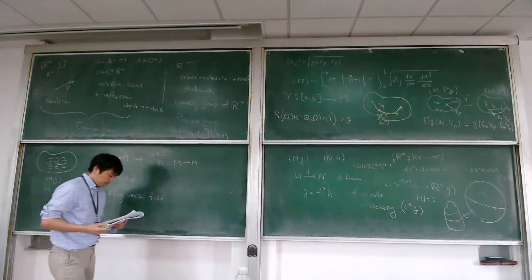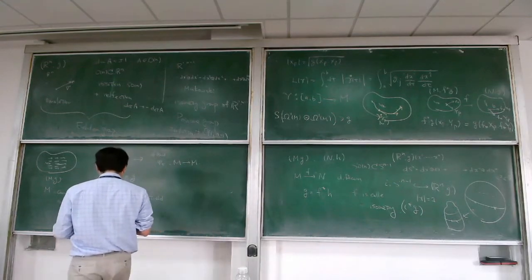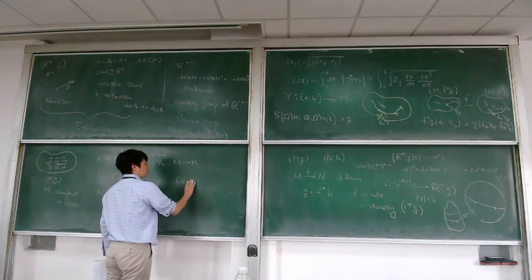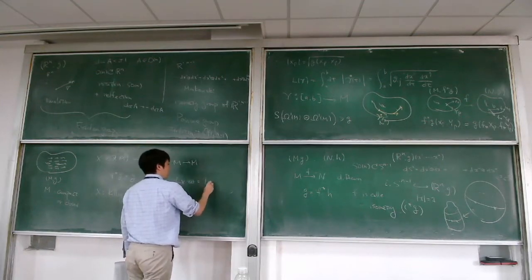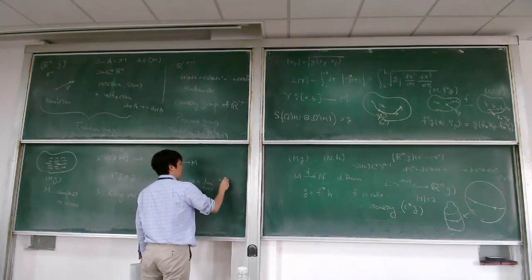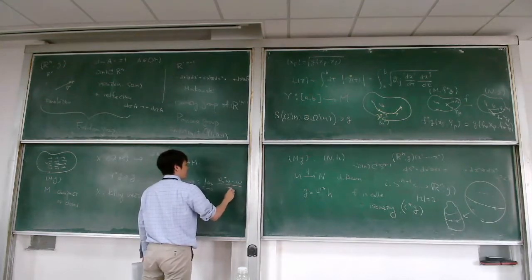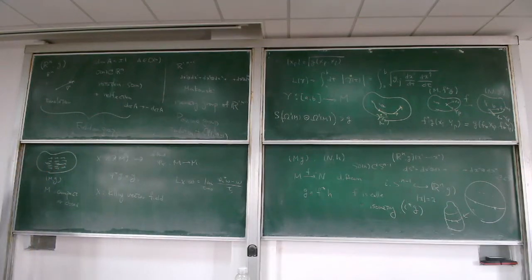The Lie derivative of X of some differential form omega is defined as the limit as t goes to 0 of (phi_t star omega minus omega) divided by t. This is the so-called Lie derivative of the differential form.